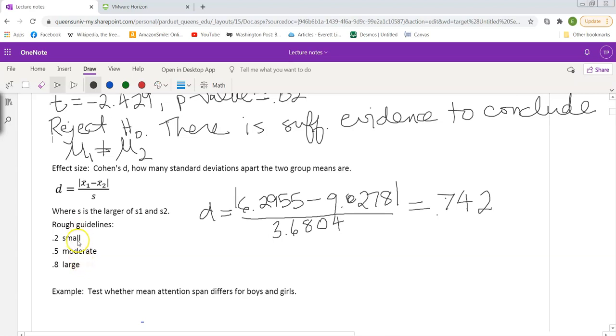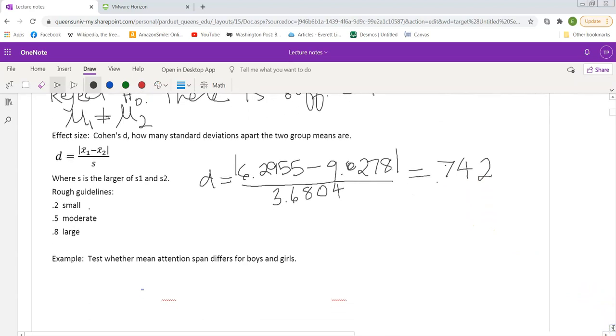If you've got something between small and moderate, you can call it small to moderate. You can call it medium rare. No, that's not right. But you get the idea. And just like before, we're only going to report this effect size if we've got something that is statistically significant.